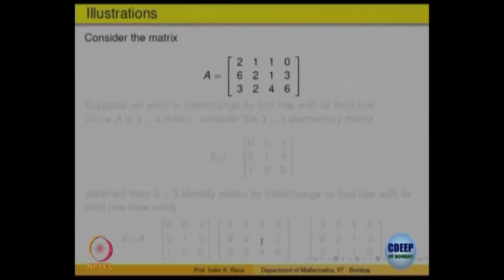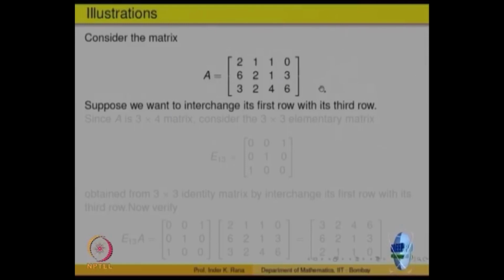Let us see some examples of this. Let us take the matrix A, okay. This is the matrix and we want to interchange its first row with its third row. So, what should I be doing? This matrix is of order 3 cross 4. So, I should be looking at an elementary matrix of order 3 cross 3, which is obtained from the identity matrix.